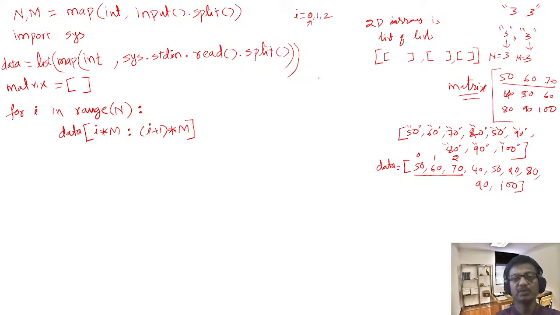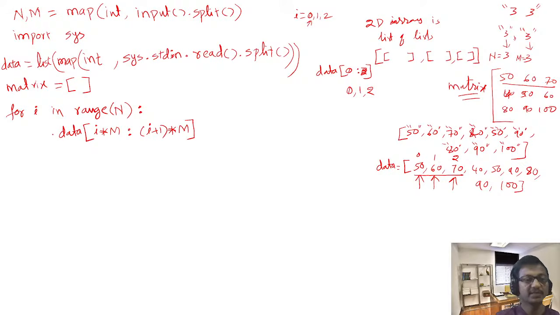I am taking a slice like this, 0 colon 3. 0 colon 3 gives all the values at indexes 0, 1 and 2. It stops at index 2. So these 3 values I get as a slice, as a sublist.